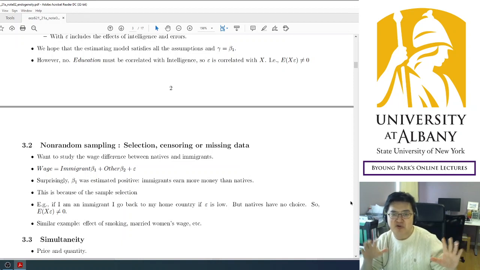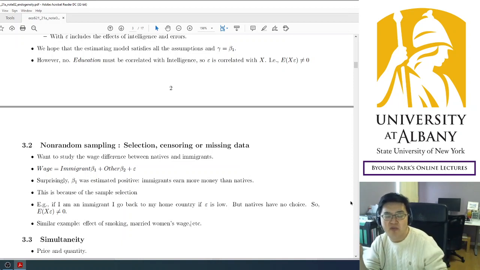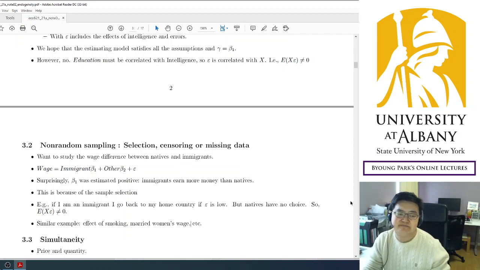So the observed working women are actually a little bit biased. So in those examples, the endogeneity problem causes a big problem. So we need to learn.